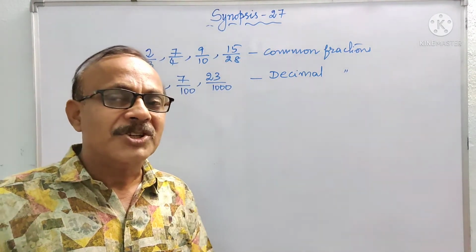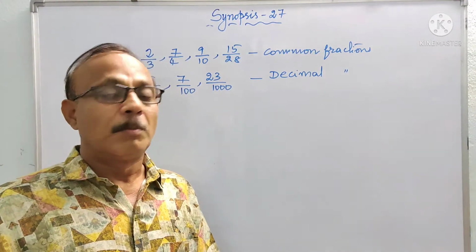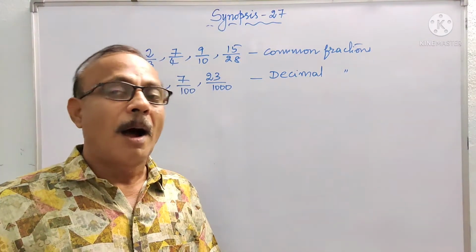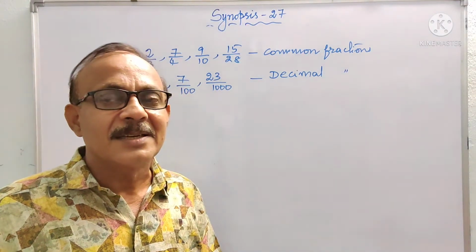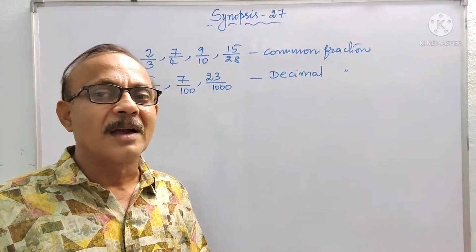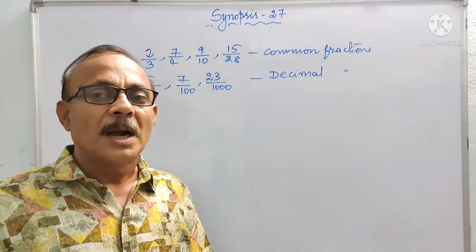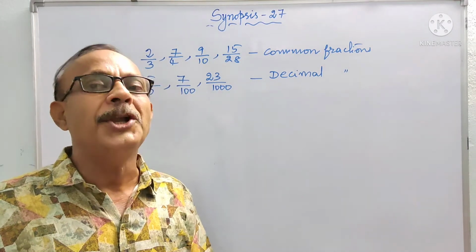All the decimal fractions can be called common fractions. But you can't call all common fractions decimal fractions. That is, all common fractions are not decimal fractions. Why? Because common fractions can have any denominator.